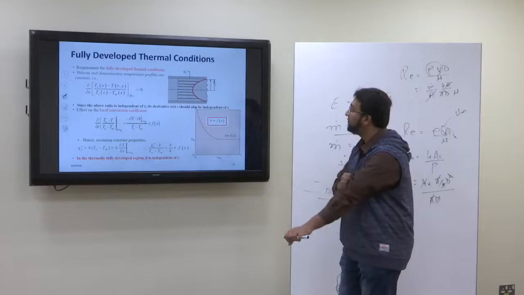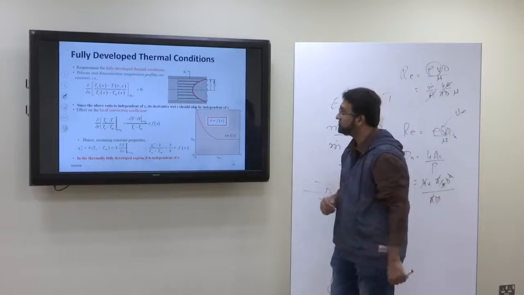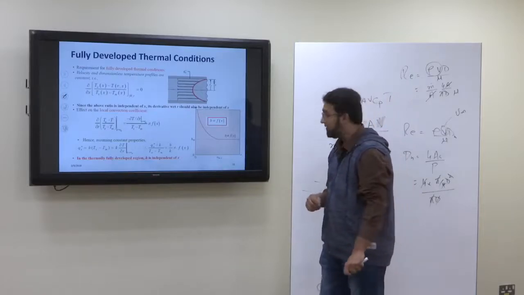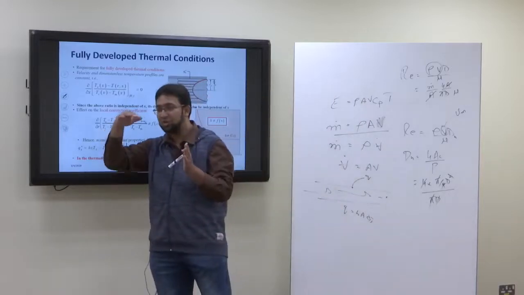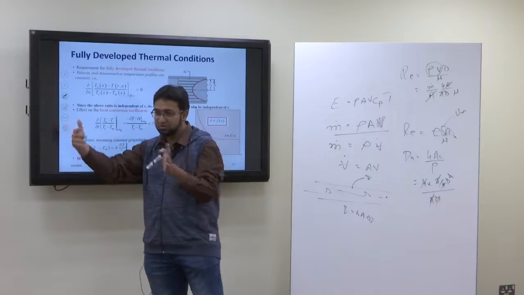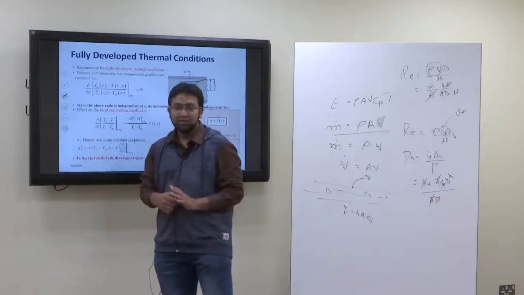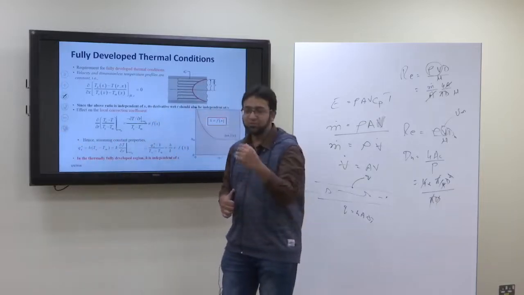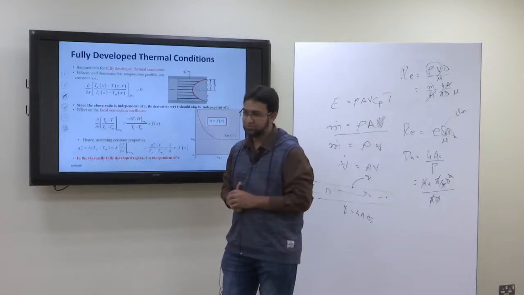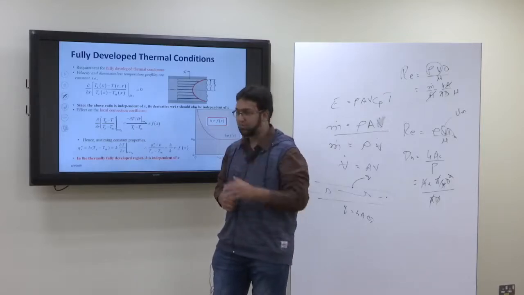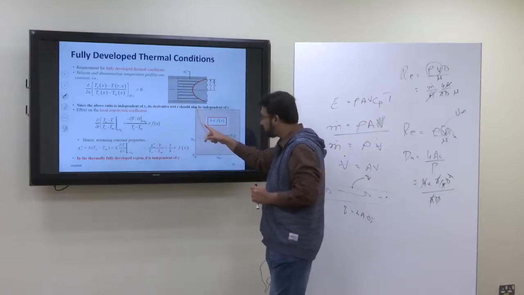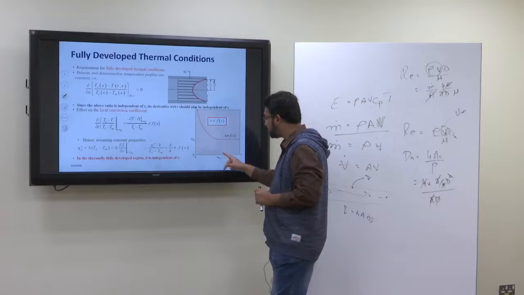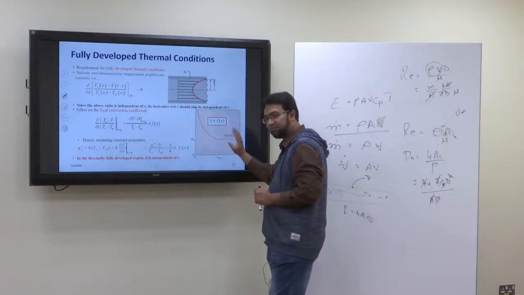Okay, when you have fully developed thermal flow, that means in the fully developed region, the heat transfer coefficient does not vary after that. Heat transfer coefficient becomes fixed. So you see, initially when it is developing, heat transfer coefficient drops, but once it becomes fully developed, then the heat transfer coefficient becomes constant.